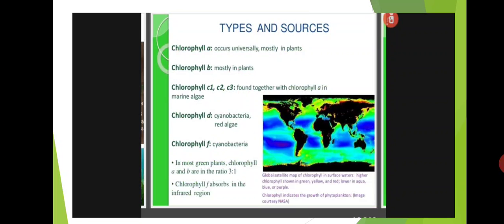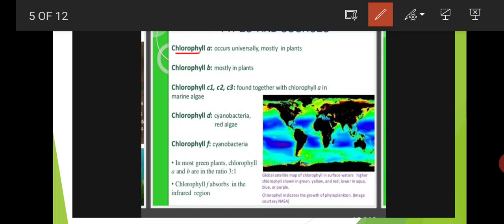Now the types of chlorophyll: chlorophyll A and chlorophyll B. Chlorophyll A occurs universally, mostly in plants. Chlorophyll A is the common chlorophyll, present in all plants. And chlorophyll B is mostly in plants only.